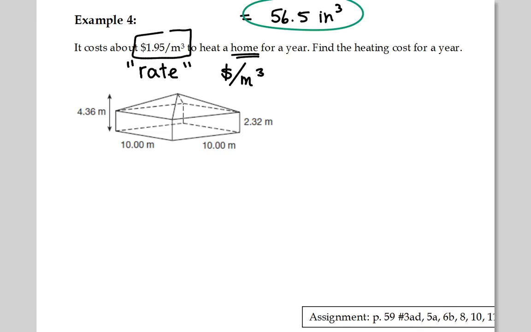If there was only 1 meter cube, it would cost $1.95. If there was 2 meter cubes, you take that $1.95 and times it by 2. So all you need to do is find out how many cubic meters there are. So you need to find volume.